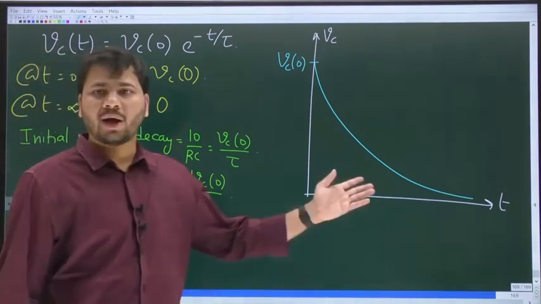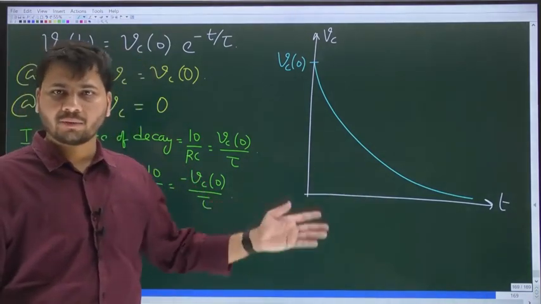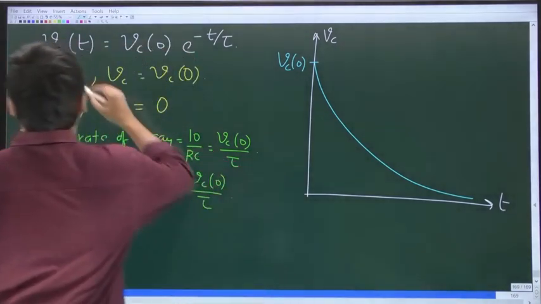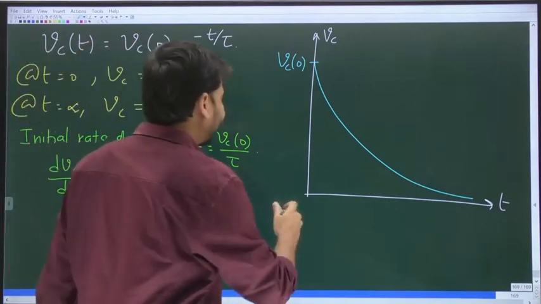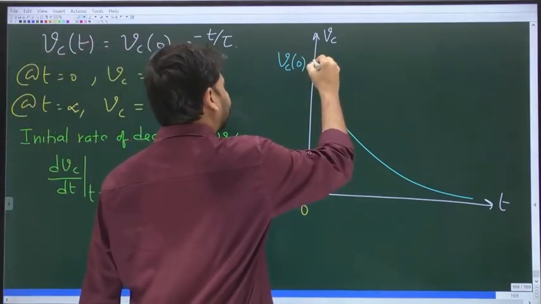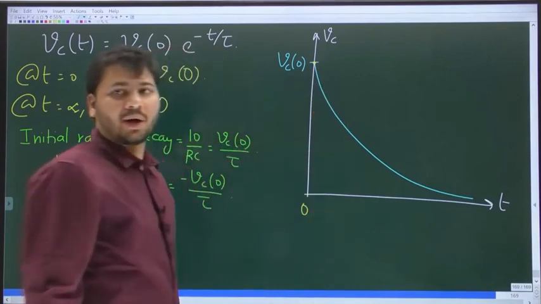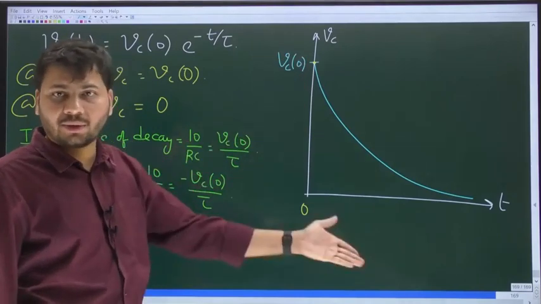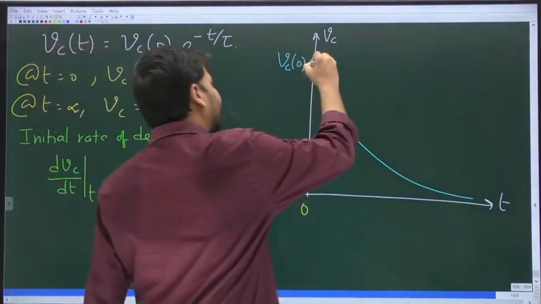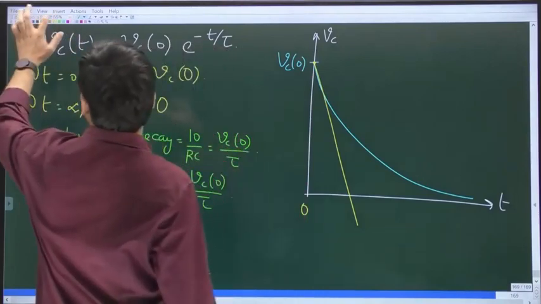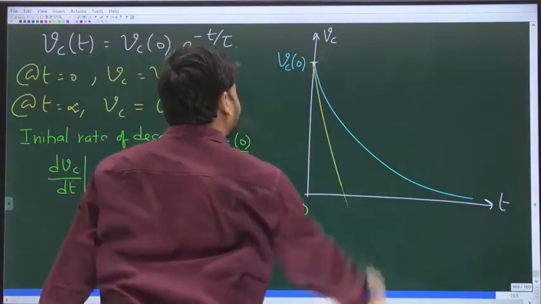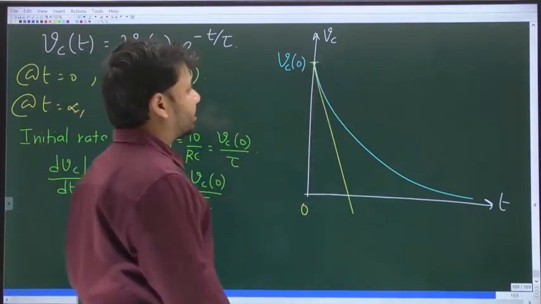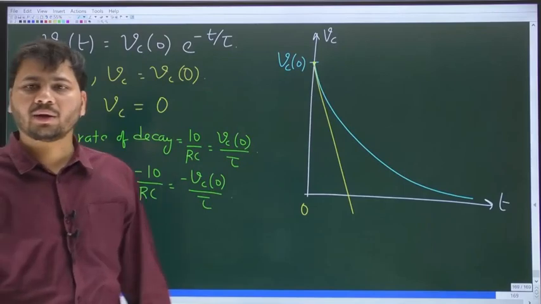So look at the rate of change, it is negative. Now already we have drawn the waveform for Vc. At t equal to 0, if you draw a tangent to this exponentially decaying curve, what is this yellow line?